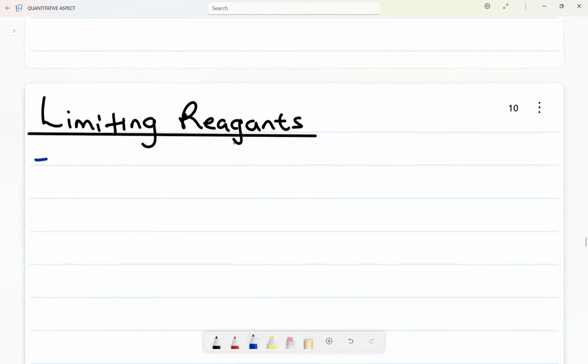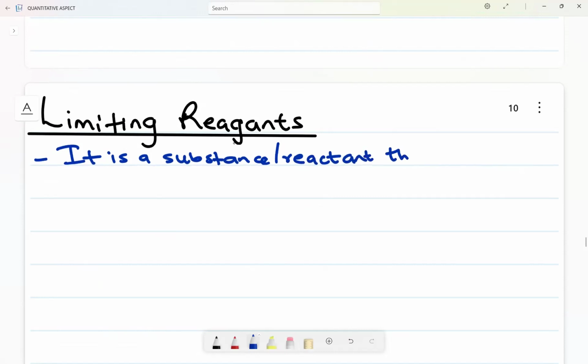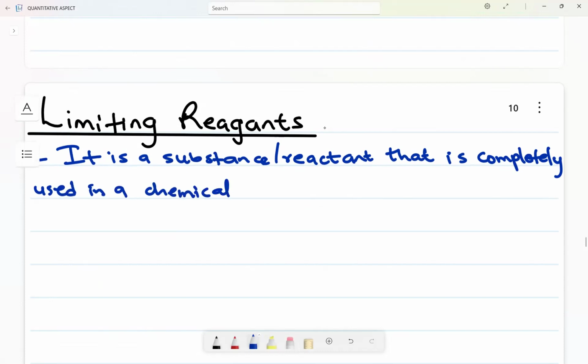A limiting reagent is a substance, or a reactant, that is completely used in a chemical reaction.